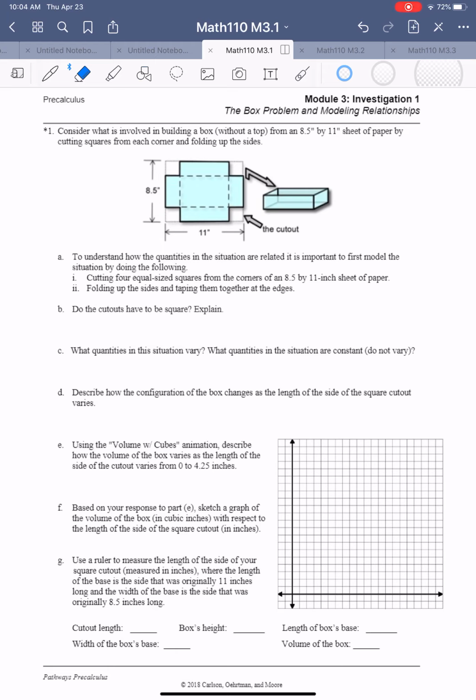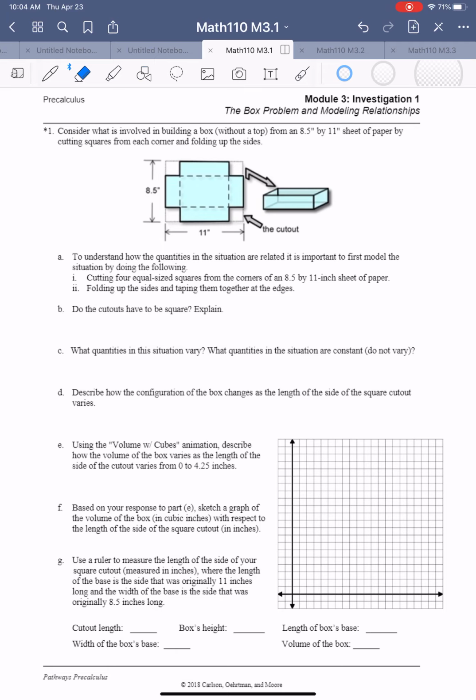Number 1, consider what is involved in building a box without a top from an 8.5 inches by 11 inches sheet of paper by cutting a square from each corner and folding up the sides.